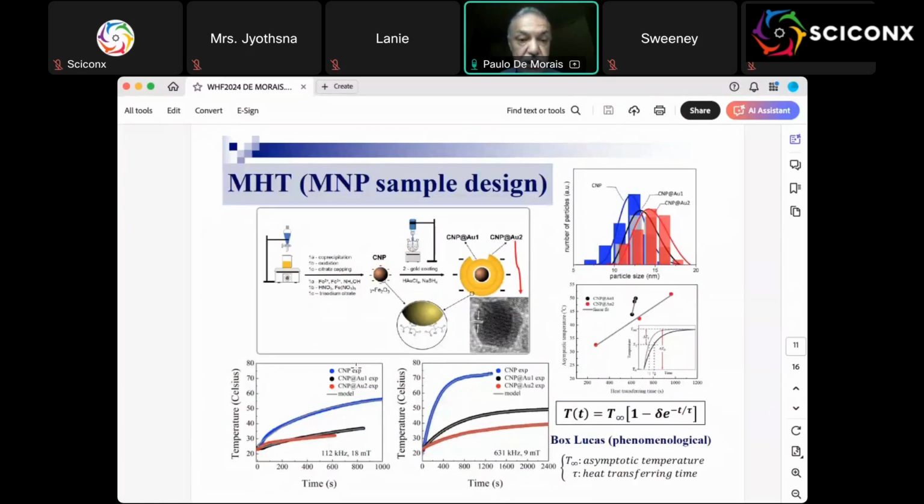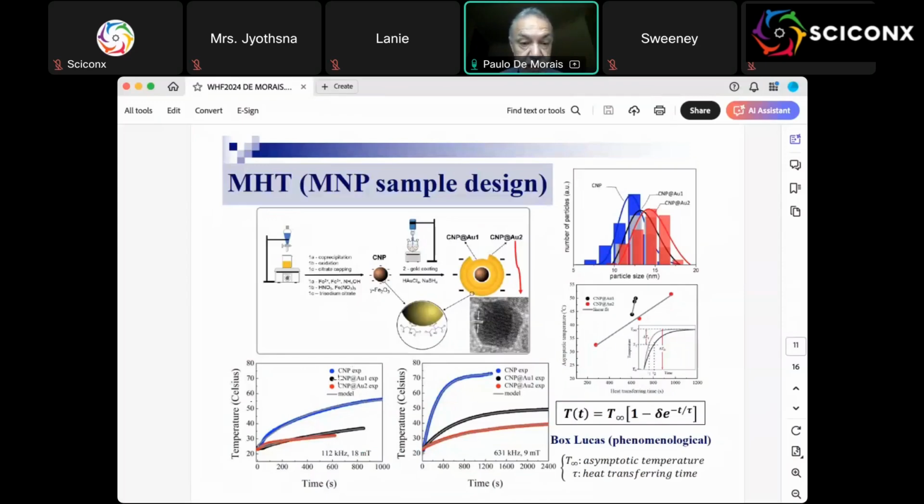Then you can see the response of the three different samples. The blue data shows the typical trend of the temperature, but you can see that the asymptotic temperature goes higher than 50 C, which means if you operate this in a standard magnetic hyperthermia treatment, you are going to perform necrosis.